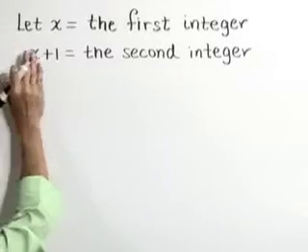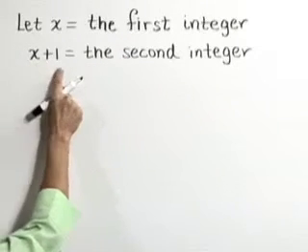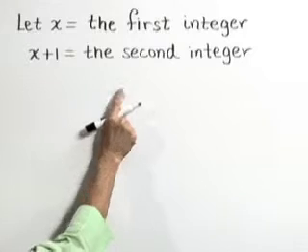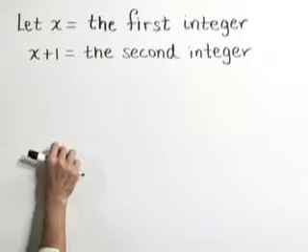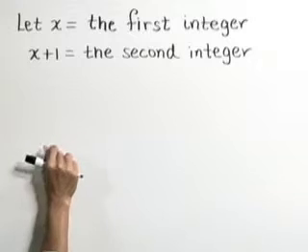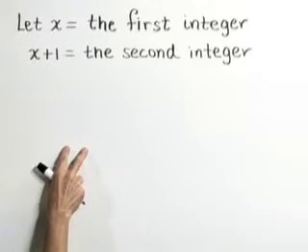Let's let x equal the first integer and then x plus 1 be the next consecutive integer, or the second integer. Now for step 3, we'd like to write an equation, and we'll use the fact that we're given that the square of the sum of the two integers is 11 more than the smaller integer.